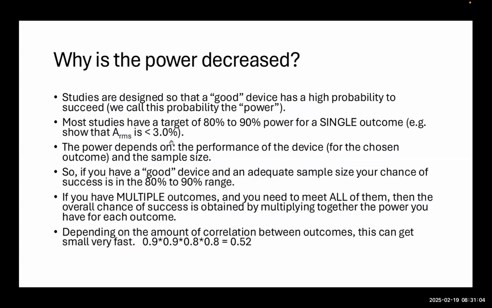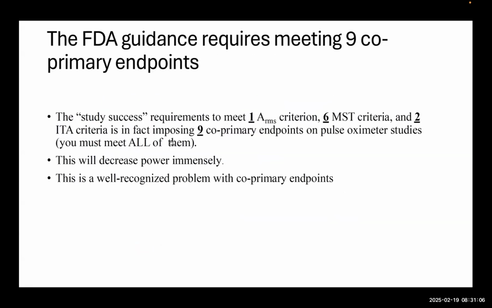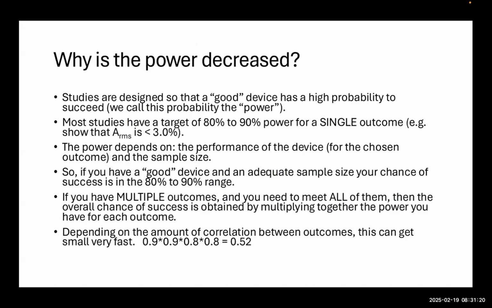The problem is that if you require 9 hypotheses to be met simultaneously in order to succeed, that decreases the power immensely. This is a well-recognized problem when you have multiple co-primary endpoints. The reason is that when we design a study, we design it so a good device has a high probability of succeeding. That's what we call the power.